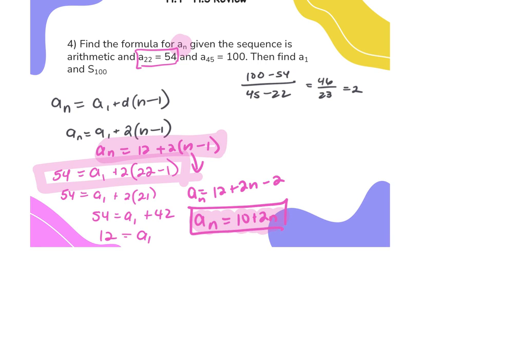How would you know what value to put? It doesn't matter, actually. I could have done the same thing with a45. So I could have done a45 equals a1 plus 2. Well, here, I'll use this equation now.